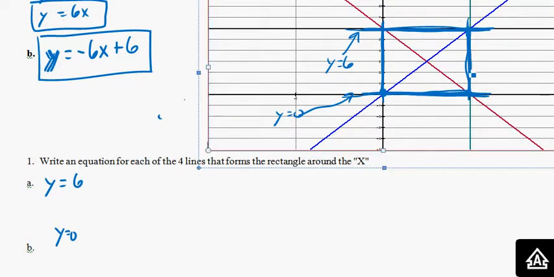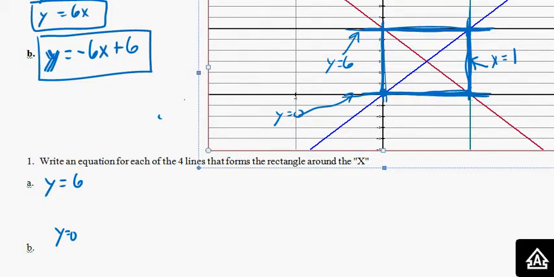Now, these vertical lines. This vertical line, every single one of its points has an x-coordinate of 1. So this point is 1, 0, this point is 1, 1, this point is 1, 2, and so on. So every single point on that vertical line has an x-coordinate of 1.